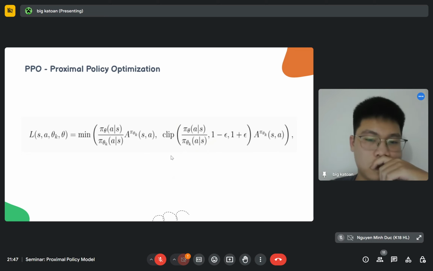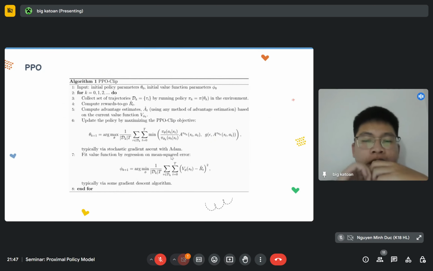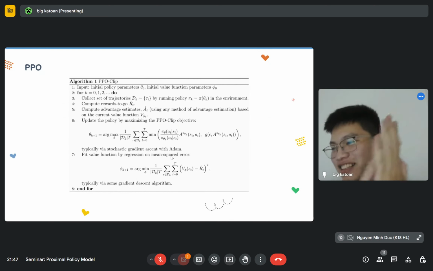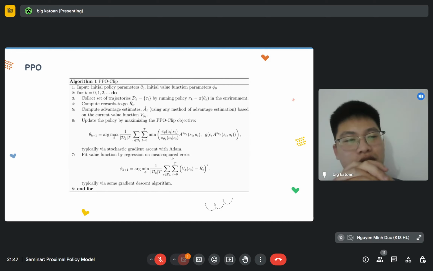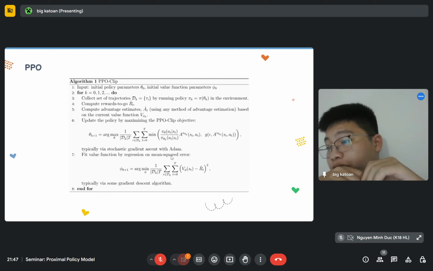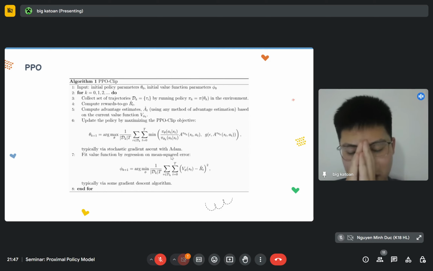Any question? Okay. This is the pseudocode of PPO, and we will talk about how PPO works. PPO clip is an offline method, right?